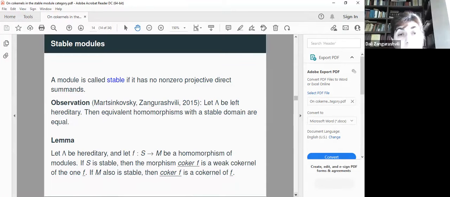Next, the first thing that comes to mind when dealing with the existence of cokernels is, of course, to take a morphism, consider the usual cokernel in the usual category of modules, and pose the question of whether it is a cokernel.